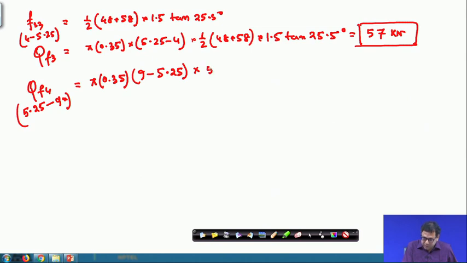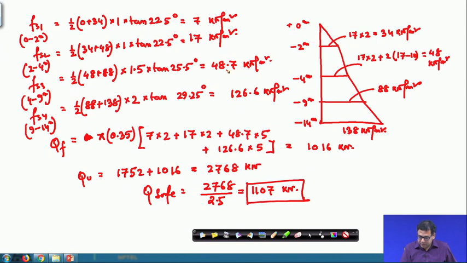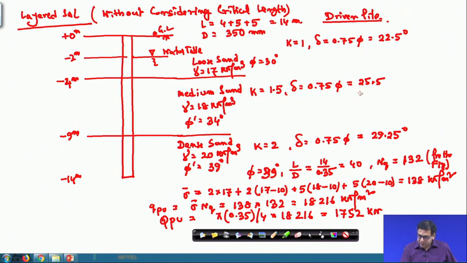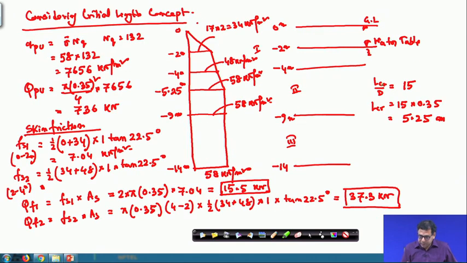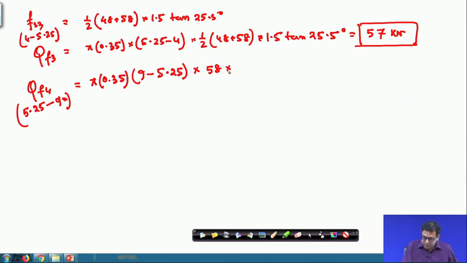So, that stress is 58, and then k value is taken as 1.5 and delta value is tan 25.5 degree. So, this is 171 kilonewton.